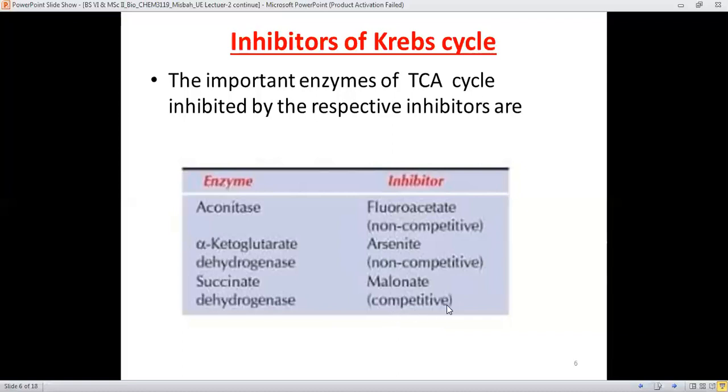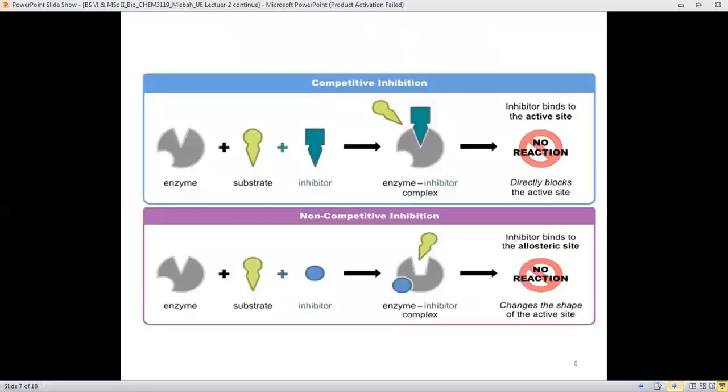It means competition for the active site, whereas these two are non-competitive, meaning the inhibitor doesn't compete with the substrate for the active site but binds to some other site of the enzyme, which is an allosteric site, as shown in this picture.